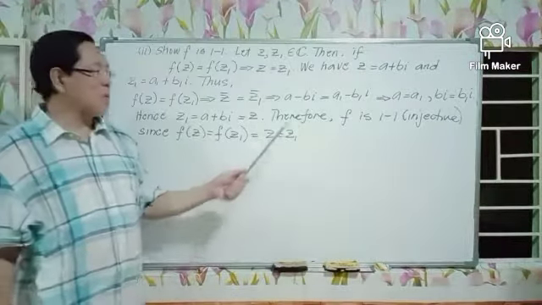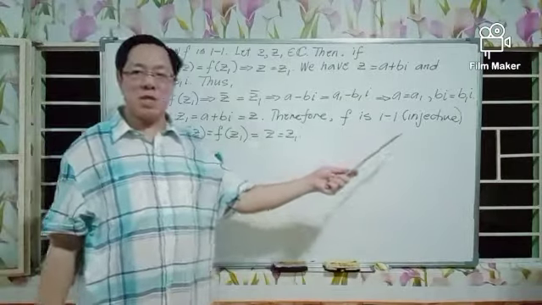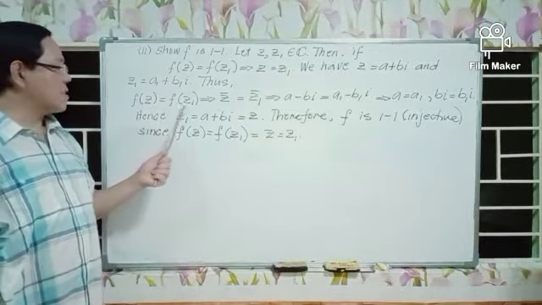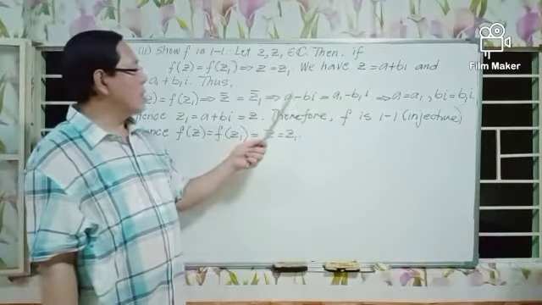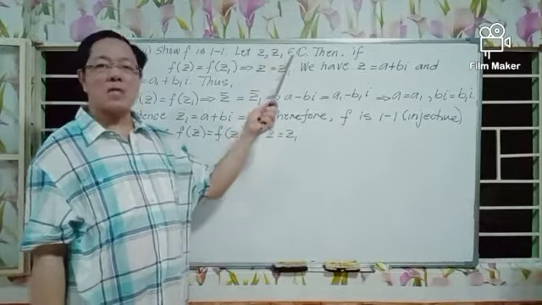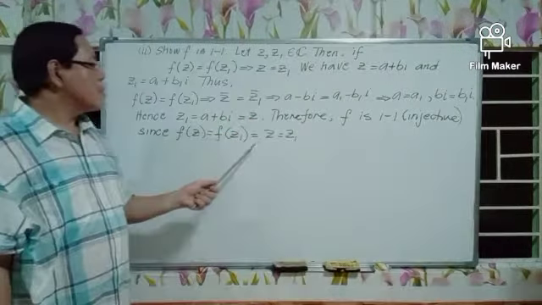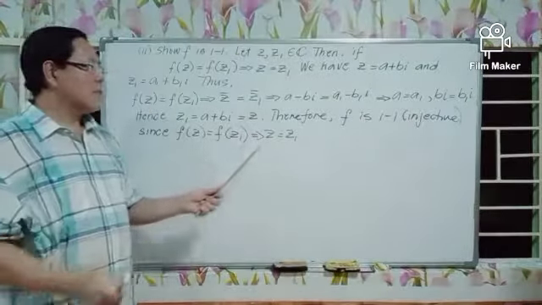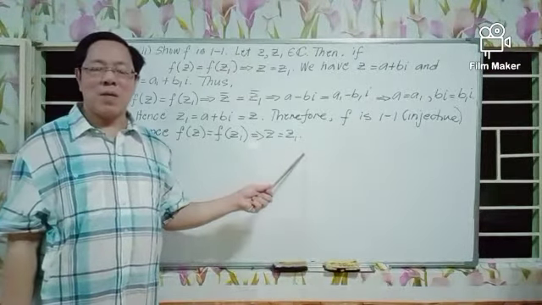We therefore conclude that the function f is 1-1 injective, because if f of c equals f of c sub 1 for complex numbers c, c sub 1 elements of the set of complex numbers, we have shown that c is equal to c sub 1.